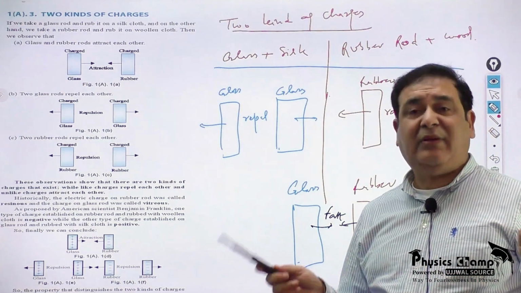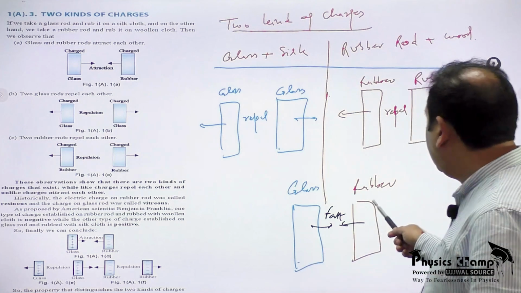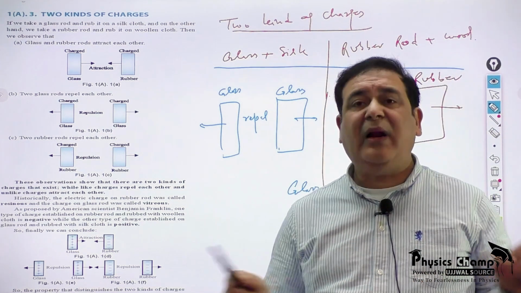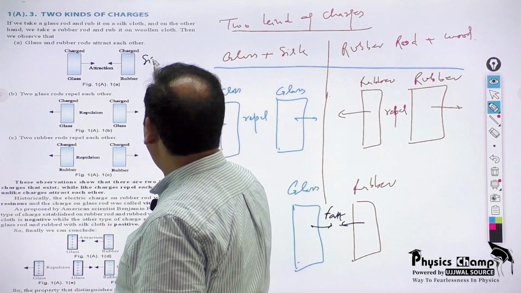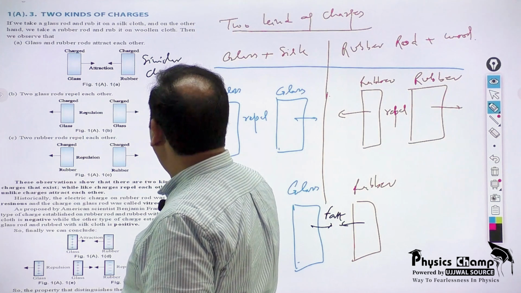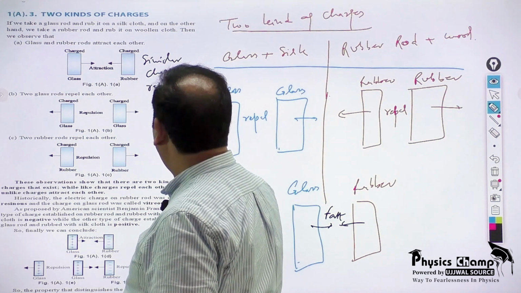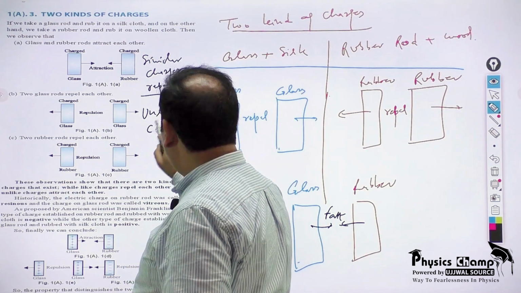But unlike charges, like the kind of charge on the glass rod and the kind of charge on the rubber rod, they are attracting each other. So similar charges repel, and unlike charges attract each other.